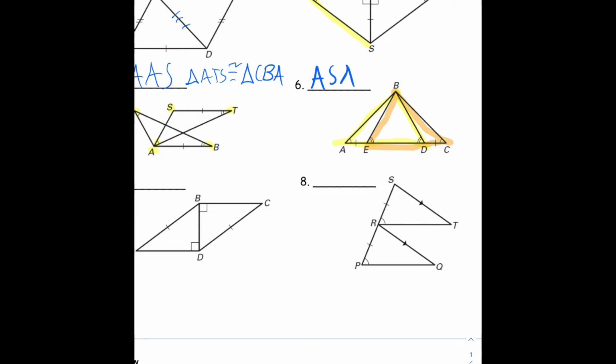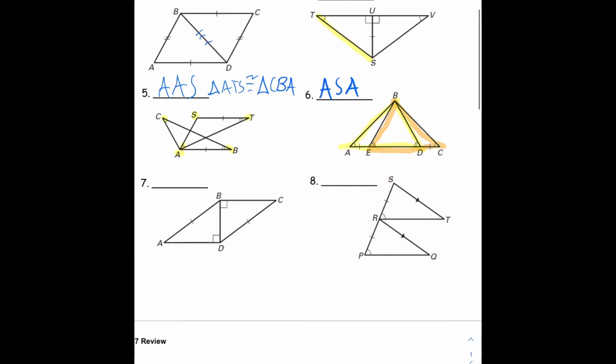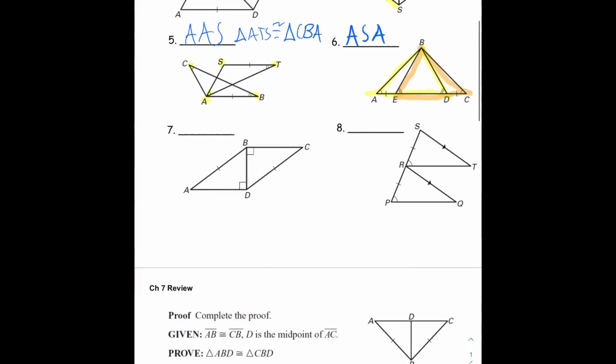So I would say angle, side, angle after using the angle addition postulate if we had to prove it.